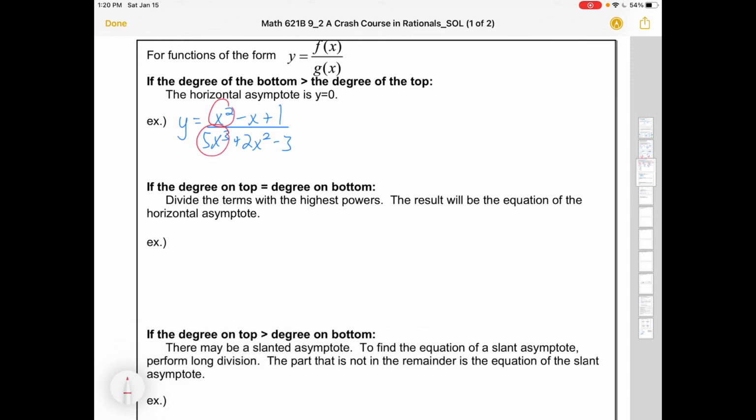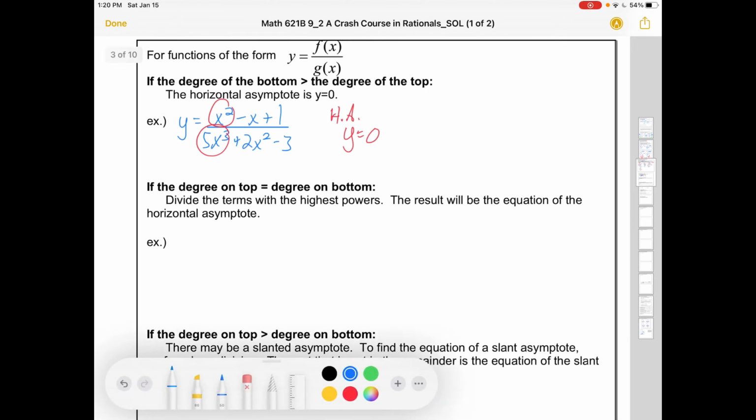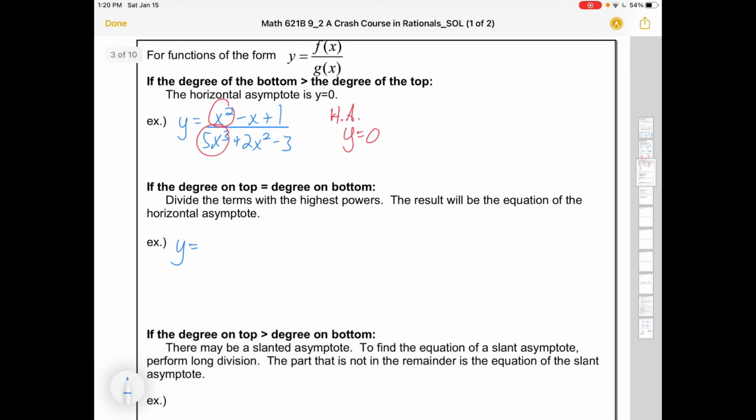Higher power on the bottom means y equals 0 for the horizontal asymptote. If the degree on the top equals the degree on the bottom, then the result of dividing out the drivers is going to be your horizontal asymptote. So let's say we had y equals 3x squared minus 2x plus 5 all over 2x squared plus x minus pi, something like that.